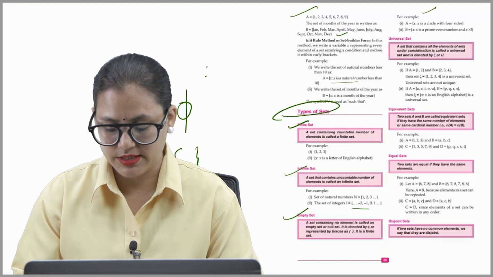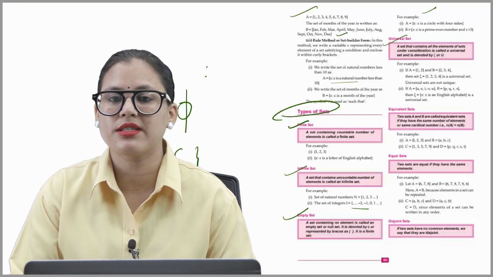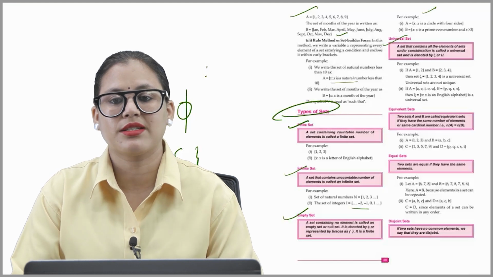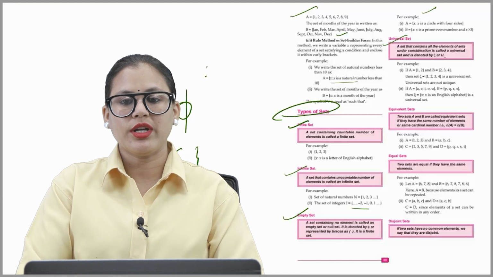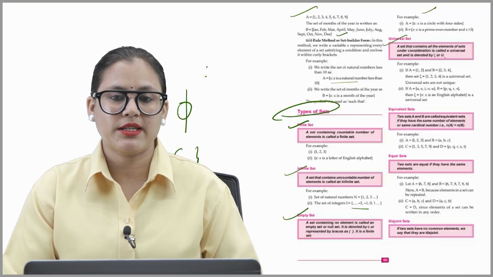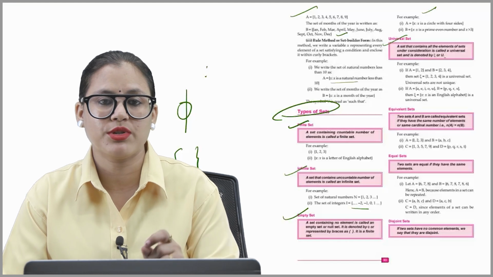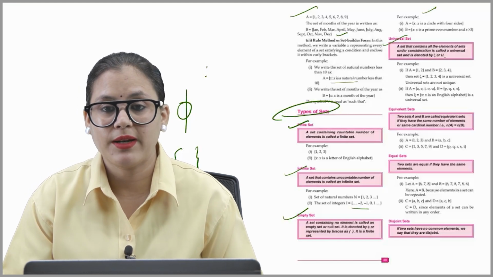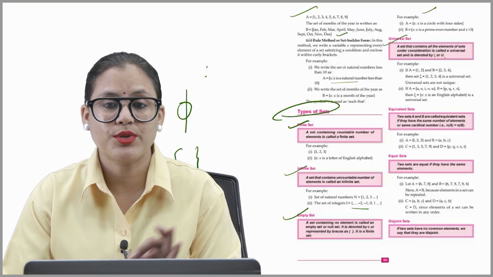Next, universal set. A set that contains all the elements of the sets under consideration is called a universal set and is denoted by either this symbol or U. For example, if A equals {1, 2} and B equals {2, 3, 4}, then the universal set is {1, 2, 3, 4}.